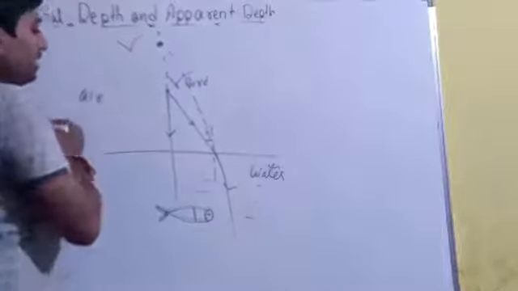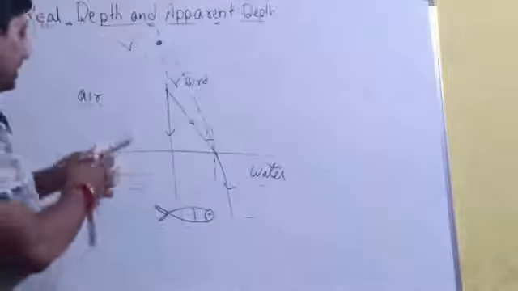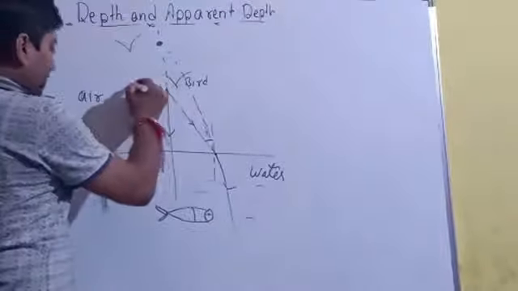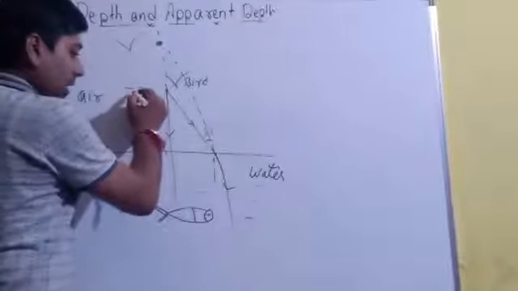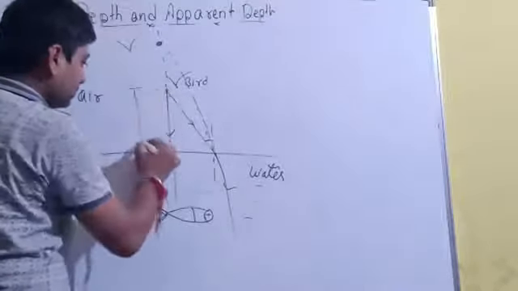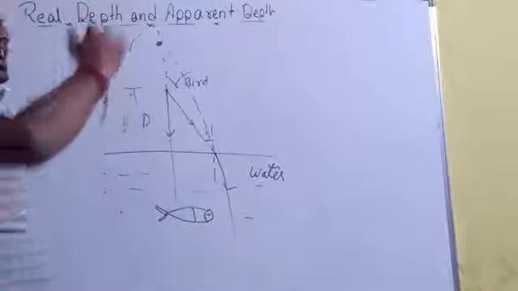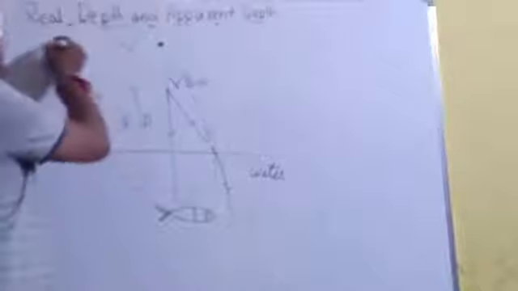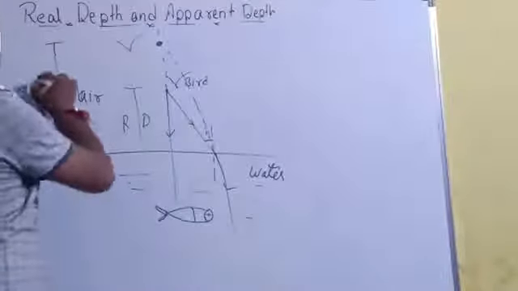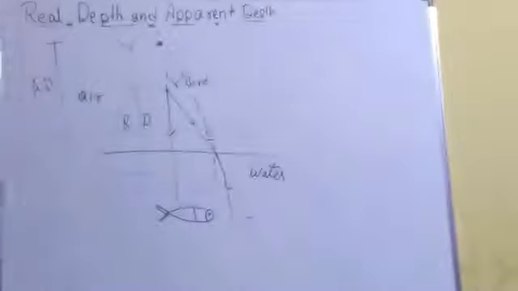It means that when the fish is seeing you, your real height is this one. This is your real height, but your height is raised from the real, and this will become your apparent height. Are you understanding the point?